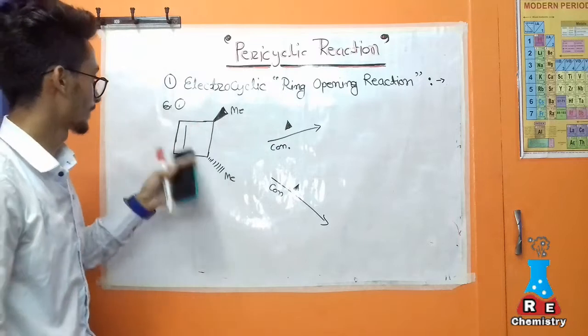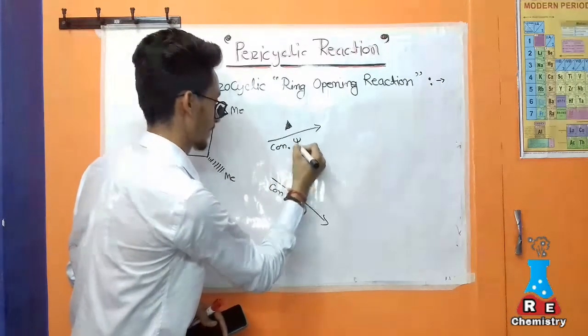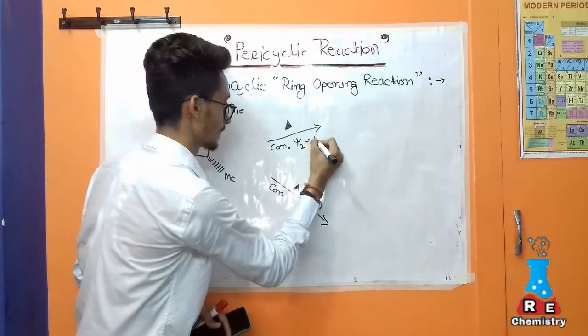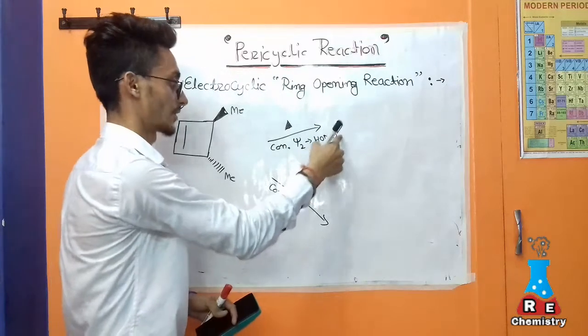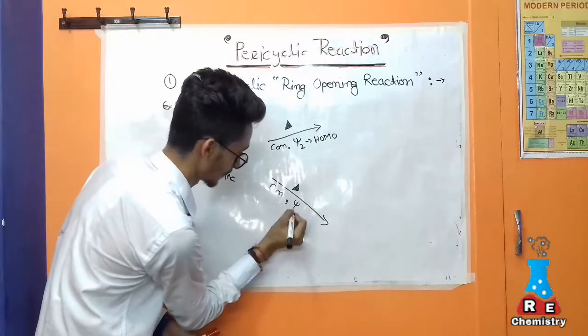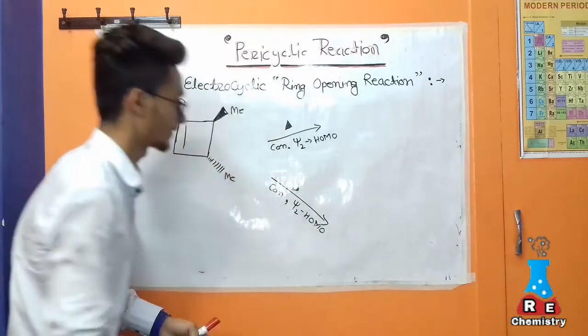Psi 2 is the highest occupied molecular orbital, and there also psi 2 is the highest occupied molecular orbital.